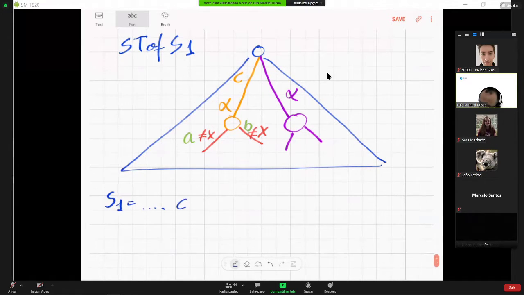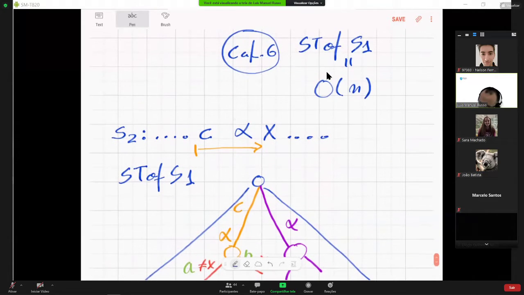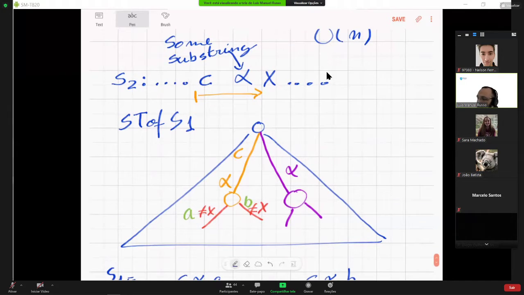It has C alpha and then an A, and somewhere else it has C alpha and then a B. Alpha is not a letter, it's a substring, okay? For some substring alpha.